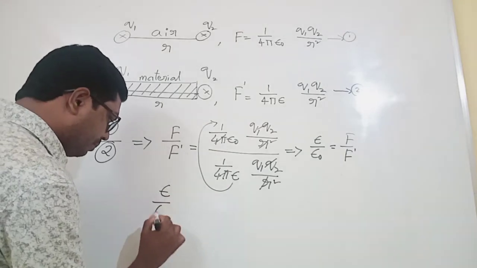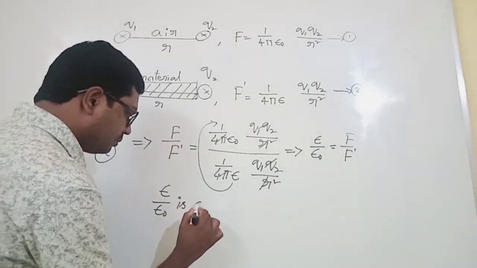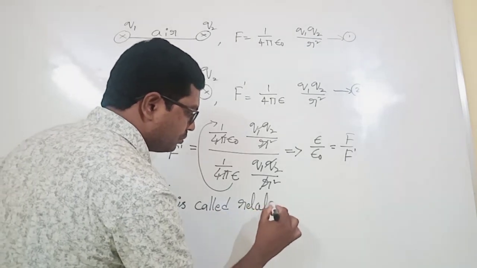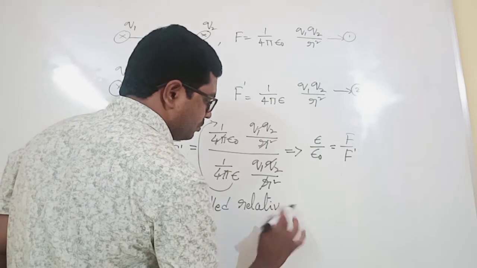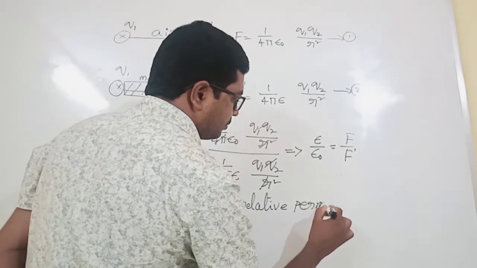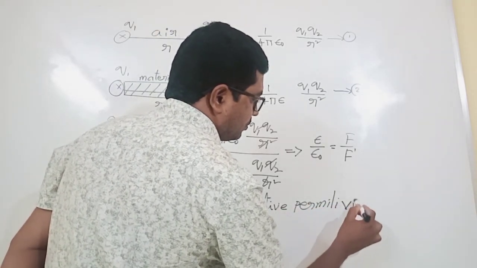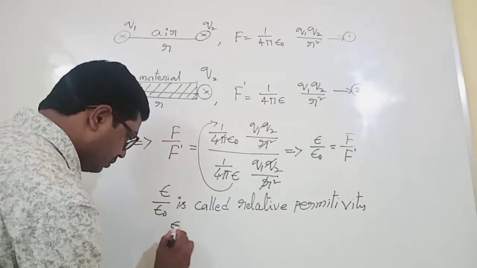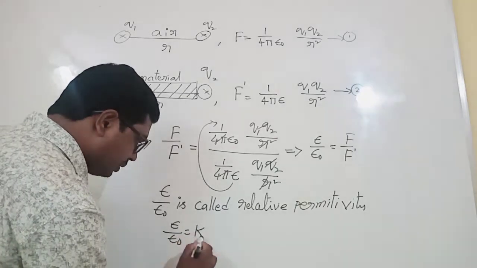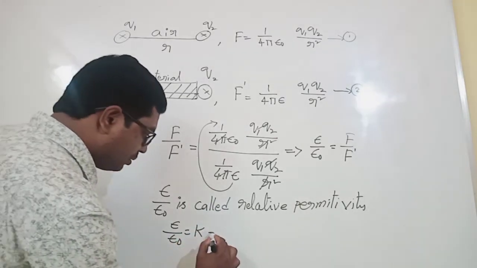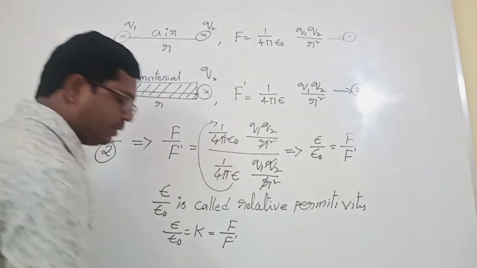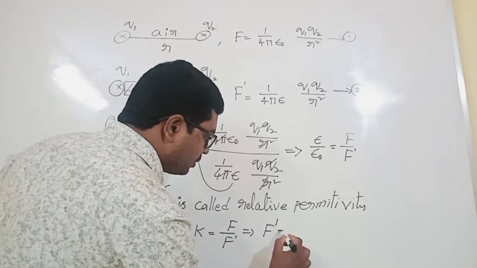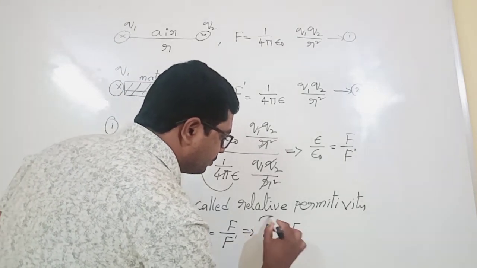Epsilon by epsilon naught is called relative permittivity, or dielectric constant, K, which is equal to F divided by F dash. From these two, we conclude that F dash is equal to F by K.